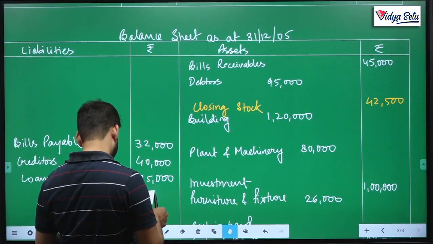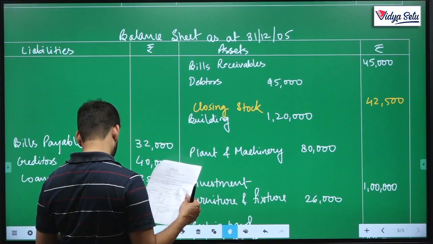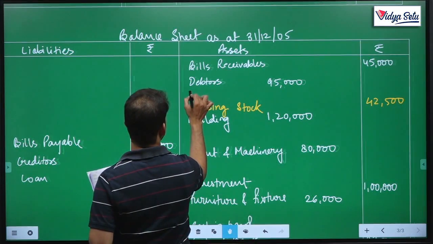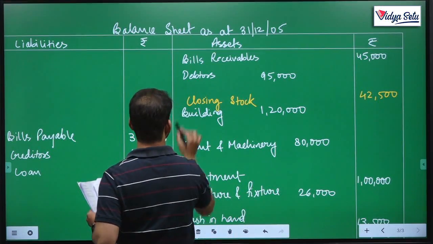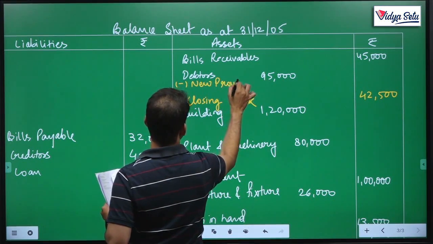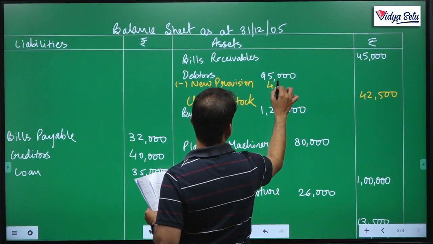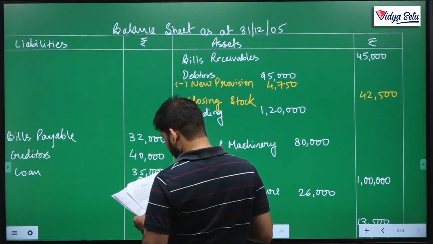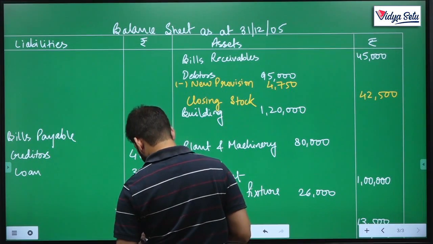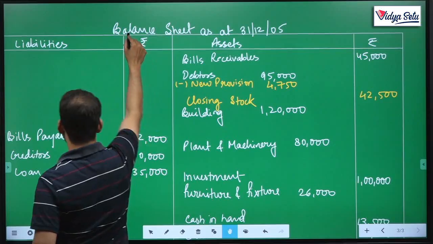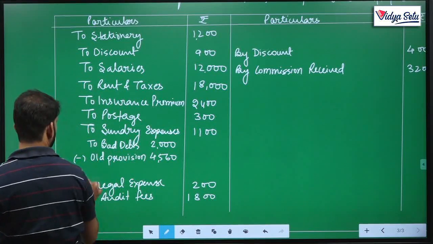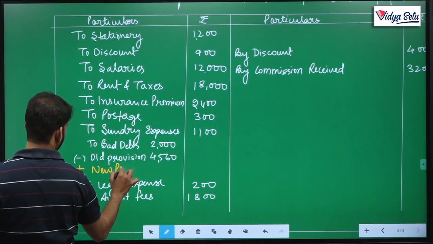So, into 5% comes to 4750. 4750 is the figure that we need to subtract, and we will add back this figure to our P&L.